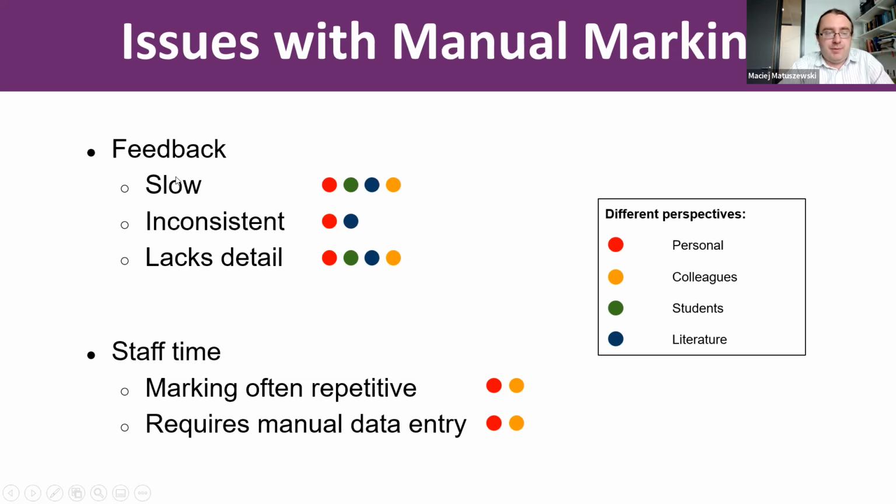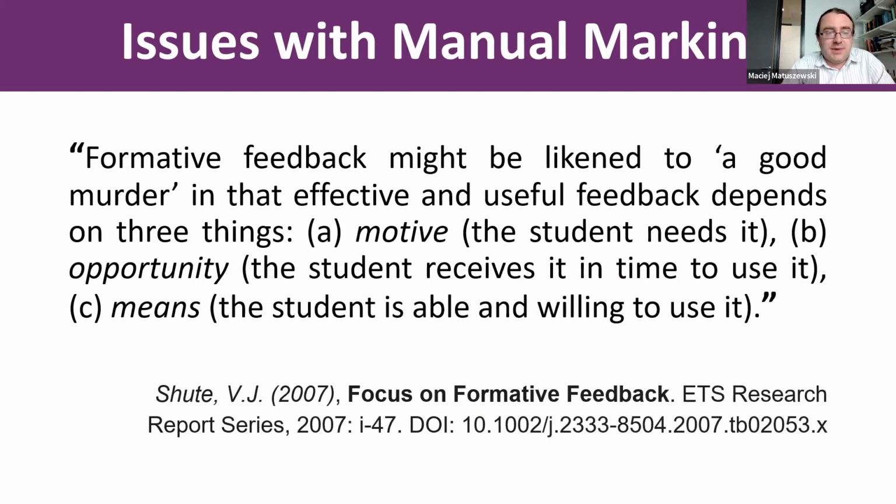If lecturers and other markers are under time pressure, the marking and the feedback can lack detail, which is what we really don't want. We want students to do this homework so that they can get feedback. And because there is so much marking, we often have to split it among loads of members of staff, so the marks that students get, and more importantly the feedback, can be inconsistent.